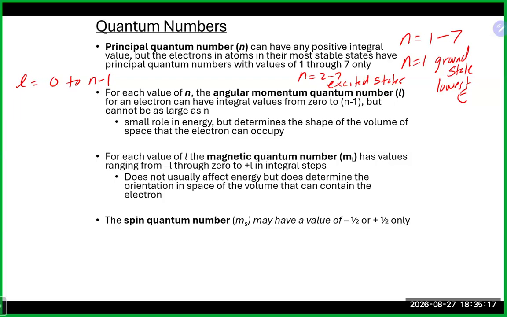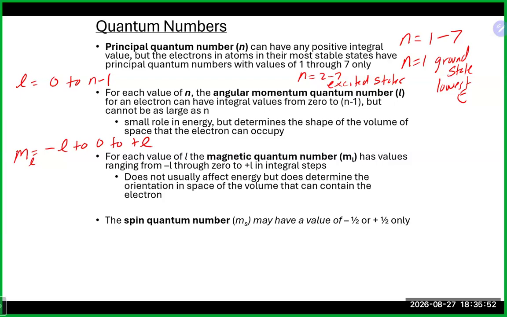The next type of quantum number is the magnetic quantum number, which is m sub L. And it can have values that range from minus L to 0 to plus L. So if you had an L value of 1, you would have m sub L values of -1, 0, and +1. So the negative value of your L to the positive value of L, all whole numbers running through 0.